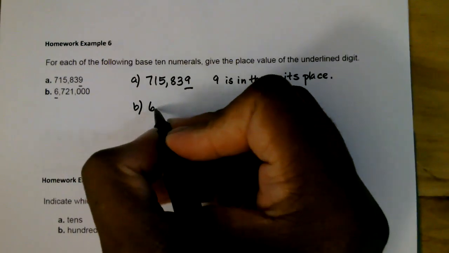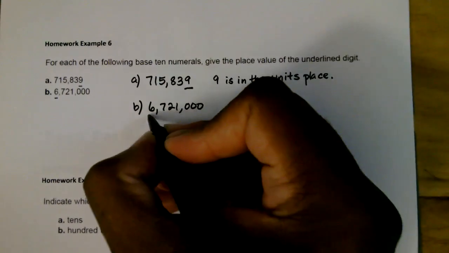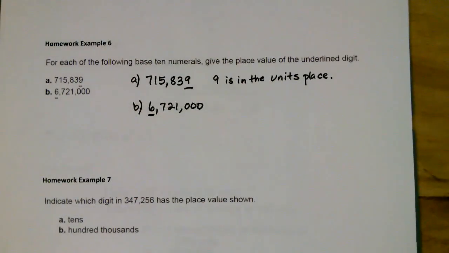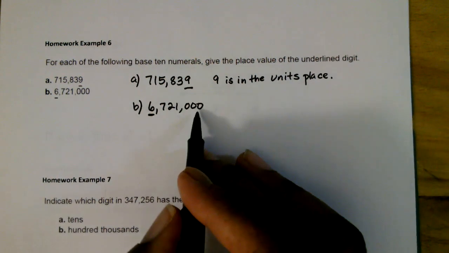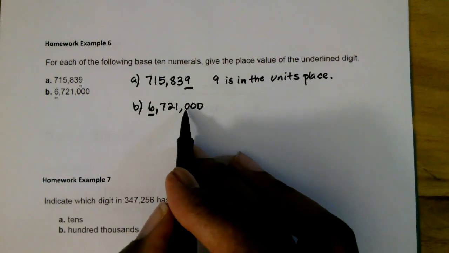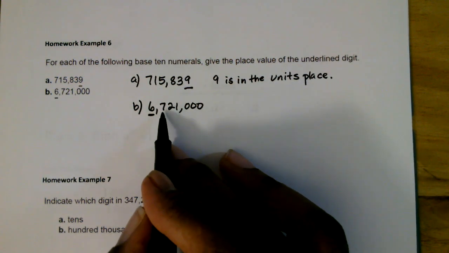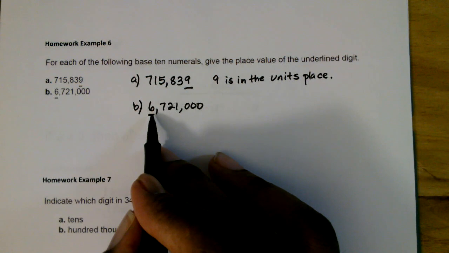Now, part B, we've got 6,721,000. The 6 is underlined. So here, if we go from right to left, this is the units place. This will be the tens, hundreds, thousands, 10,000s, 100,000s, millions.